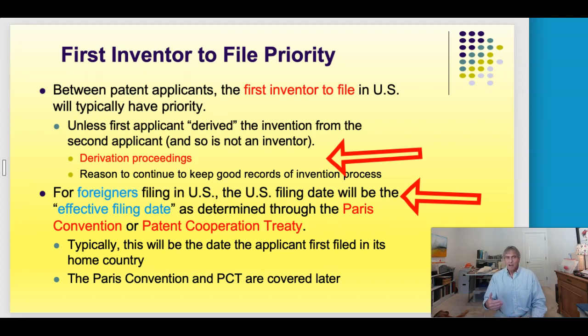But due to the operation of international treaties, their filing dates in their home countries may be the ones that count. And so if that date precedes the day that you filed in the US, they ultimately may have priority over you to get the US patent. Again, you can mentally put this aside for now, and we will return to it a little bit later.